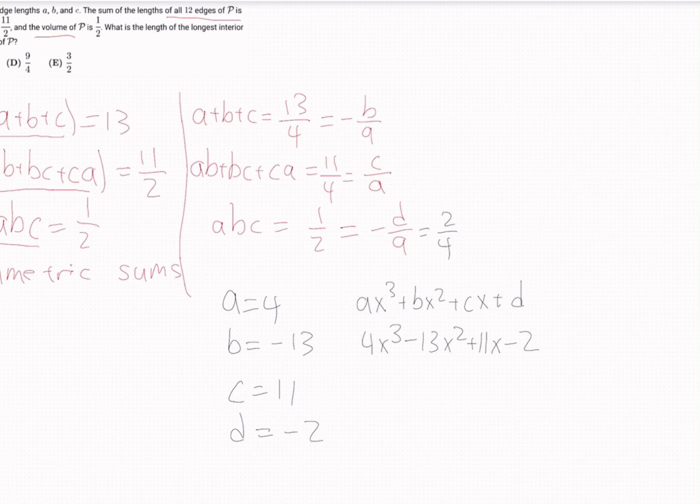And now we must find the roots of this polynomial. A very simple trick that helps you solve cubics and higher degree polynomials is to add the coefficients. If they add to 0, then you can divide the polynomial by x minus 1 and get a very nice quadratic that you hopefully know how to factor.